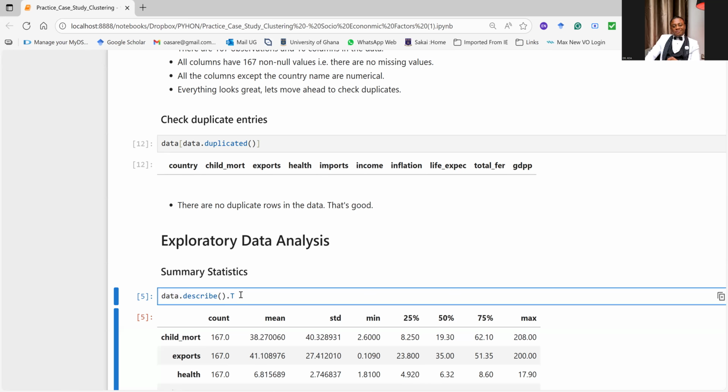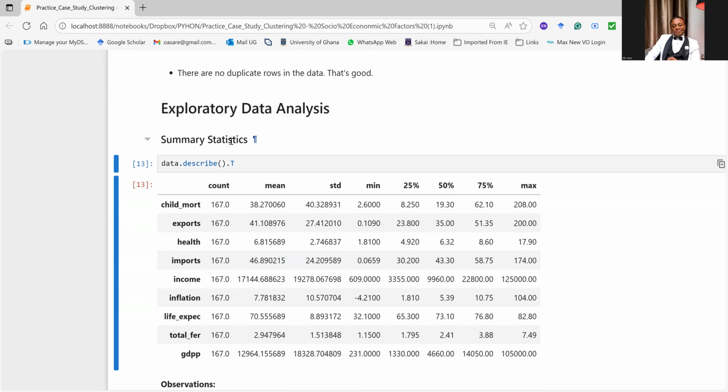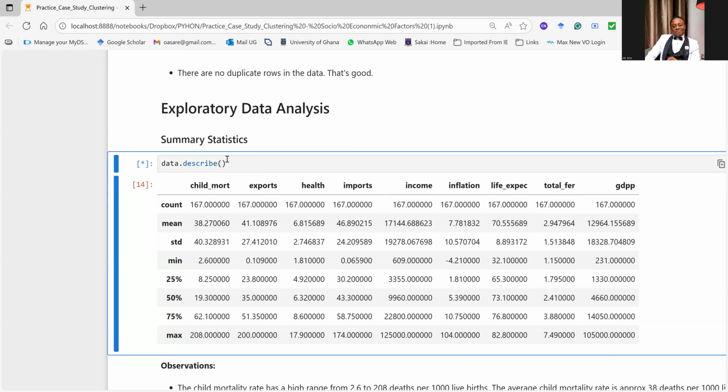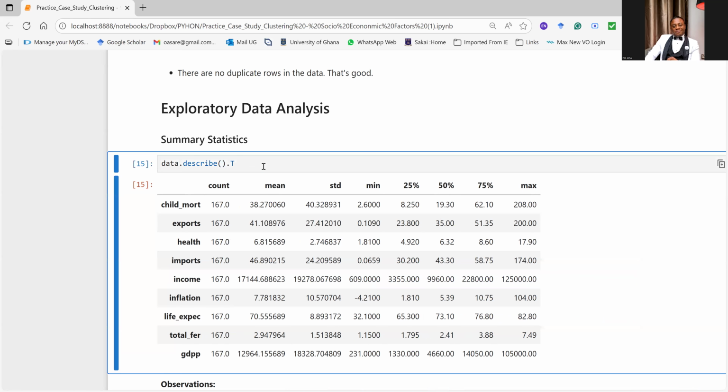Let's run this and you get this. But if you remove the transpose, the output turns horizontal. Let's try that. You can see that the descriptive statistics are on the vertical section here. But we don't want that. We want the descriptive statistics to be at the top. That is why we do the transpose. Then they come at the top, as you can see here.